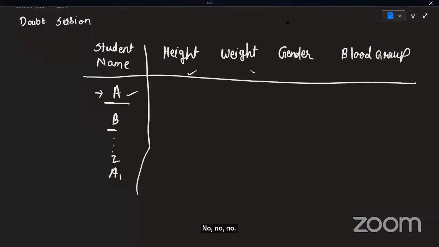But when you describe the data generally, you say students are my cases, I have collected the data for the students.